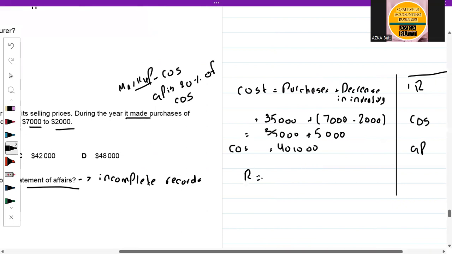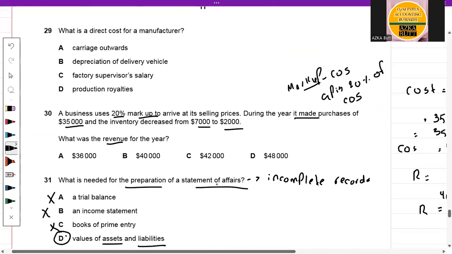To find the revenue, you have cost of sales multiplied by 120%, which in decimals is 1.20. So 40,000 multiplied by 1.20 gives us 48,000 revenue. So the correct answer is 48,000.